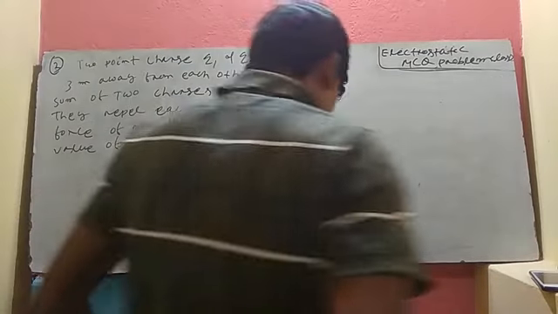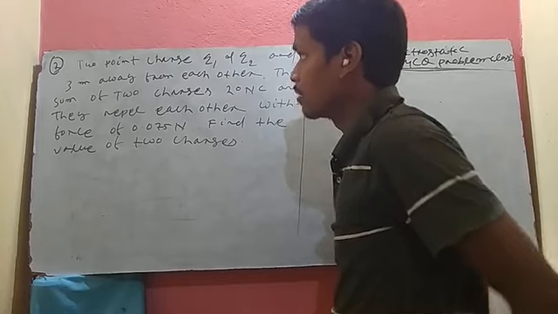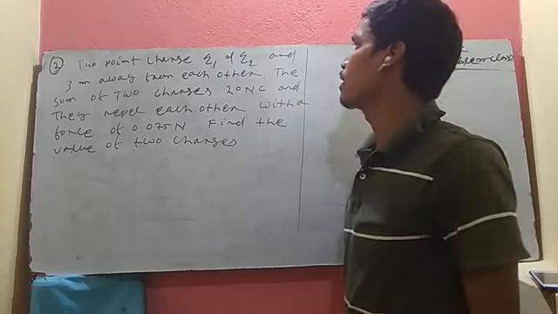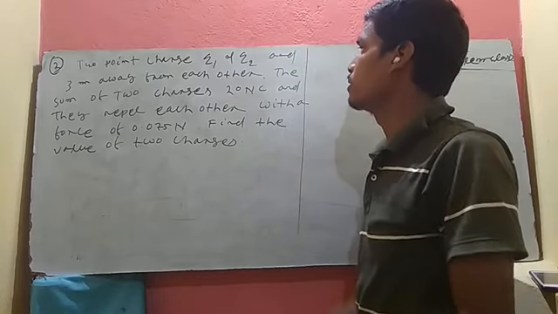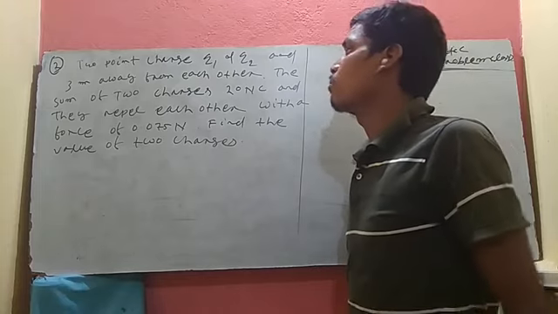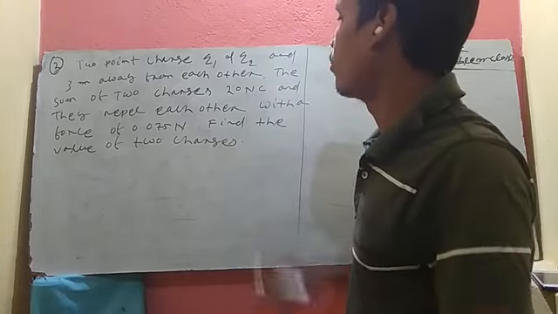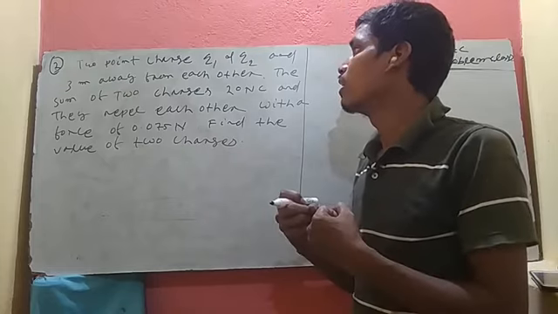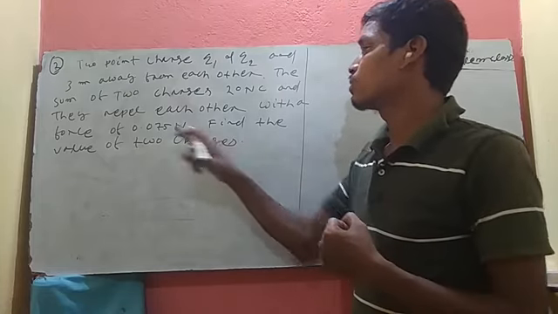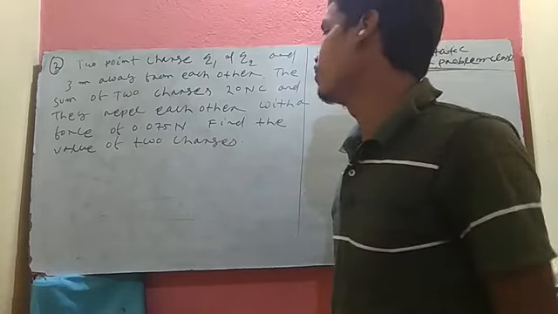Another question: two point charges Q1 and Q2 are 3 meters away from each other. The sum of total charges is 20 nanocoulomb, and they repel each other with a force of 0.075 Newton. Find the value of the two charges. This is a very easy question.